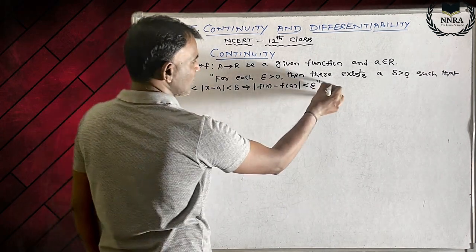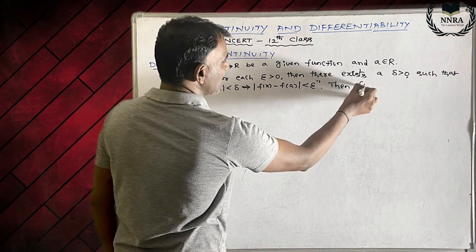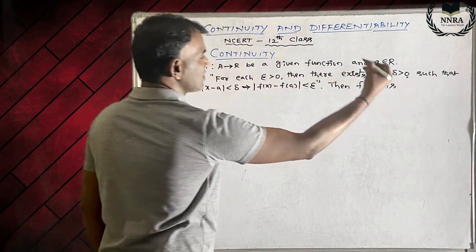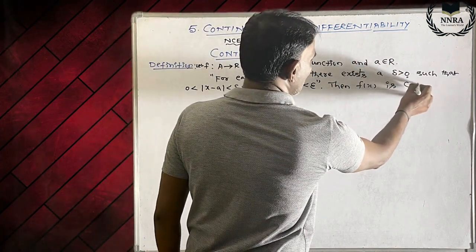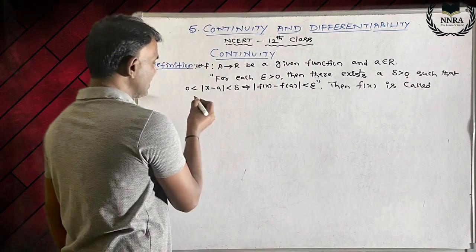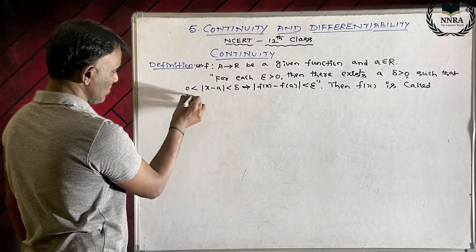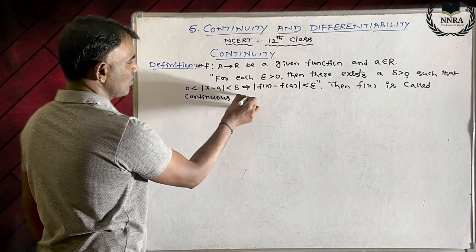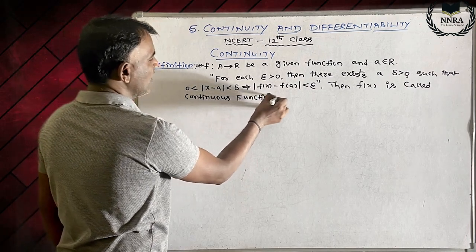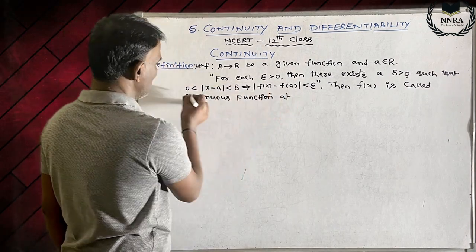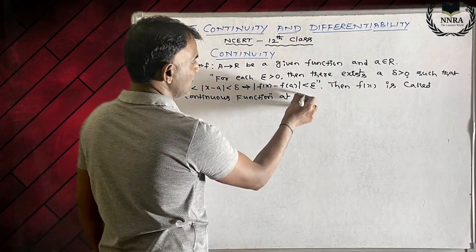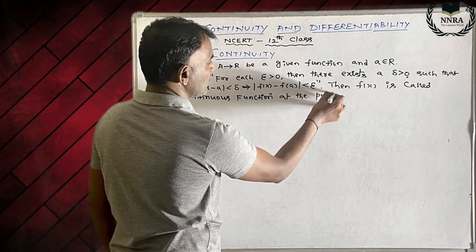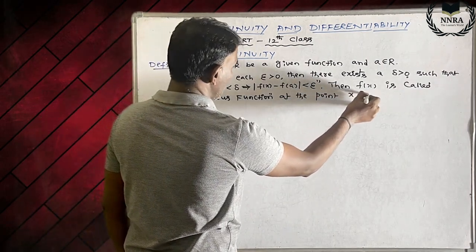Then f of x is called a continuous function at the point x equal to a.